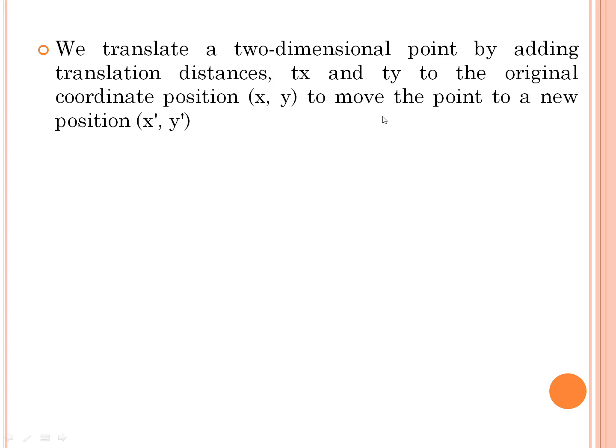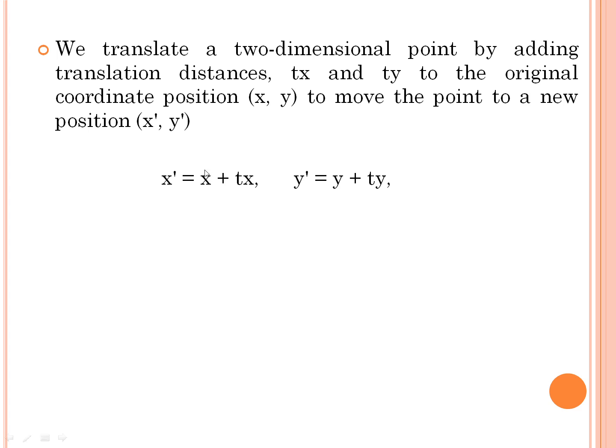We translate a two-dimensional point by adding the translation distance vector tx comma ty. What is tx? Shifting the object in the x direction. And what is ty? Shifting the object coordinate in the y direction. And what are the new points we are getting? x dash and y dash.